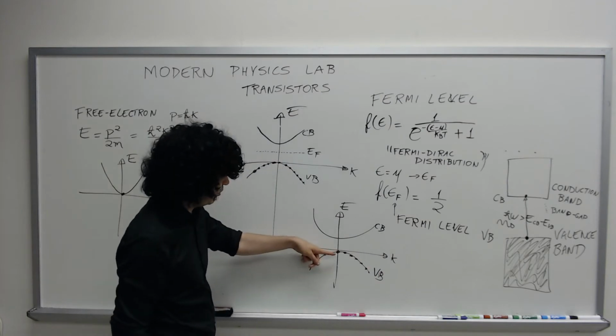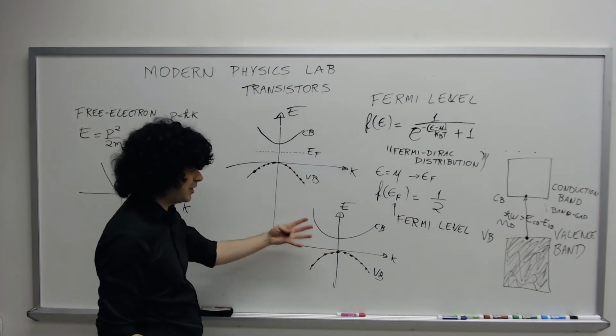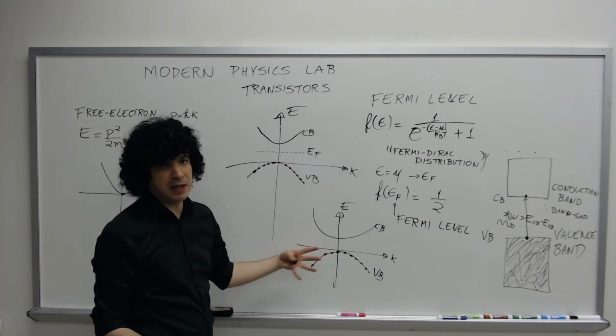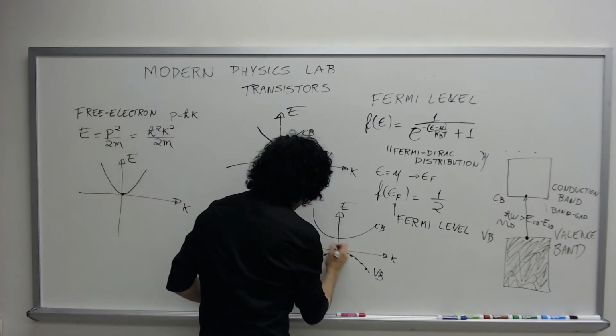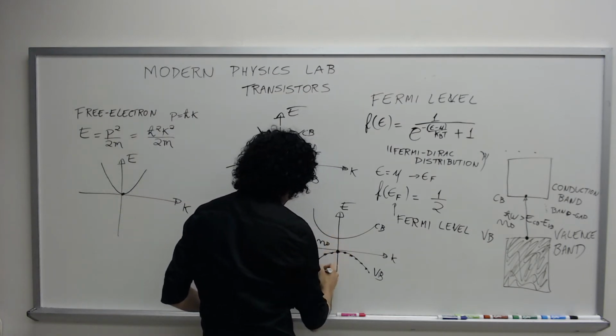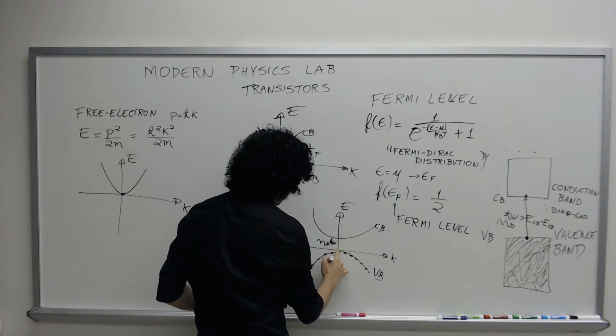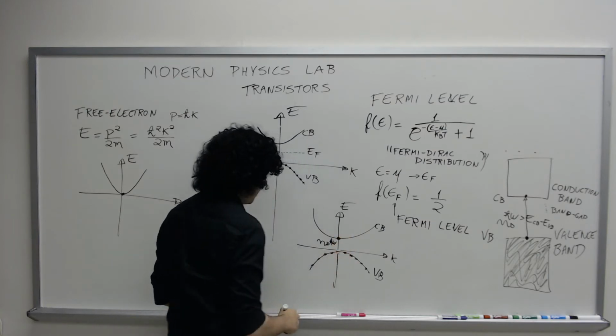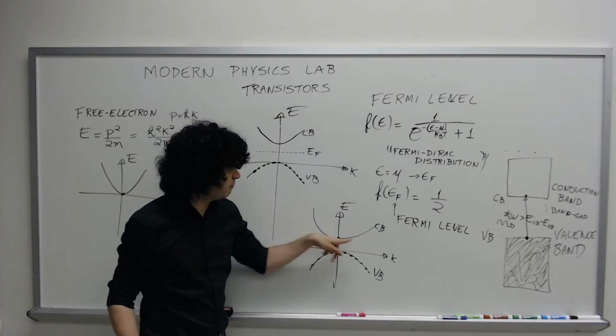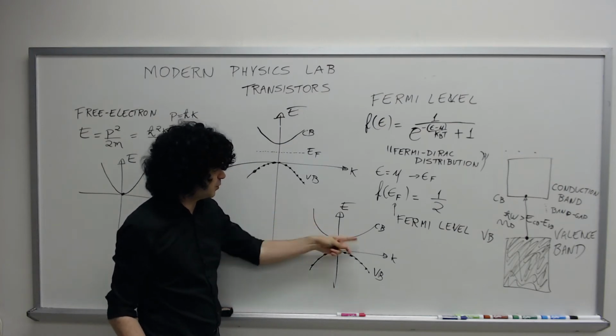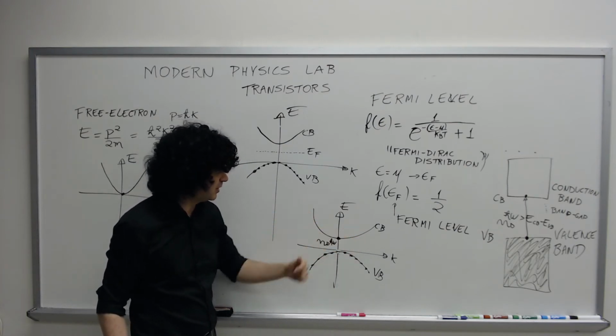By the way, the zero level here is arbitrary. You're only interested in differences in energy. So if you come with a photon, you can excite an electron from the valence band to the conduction band. And now this electron is free to change its momentum, to move around.